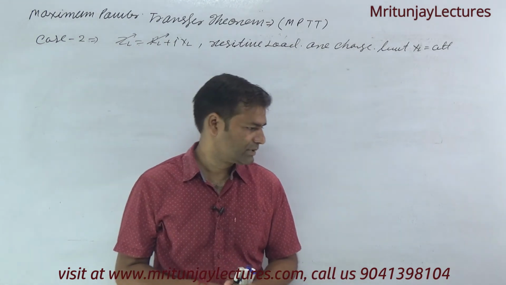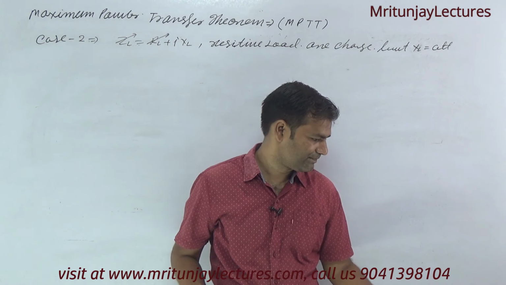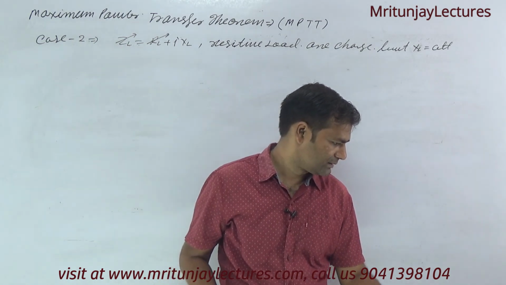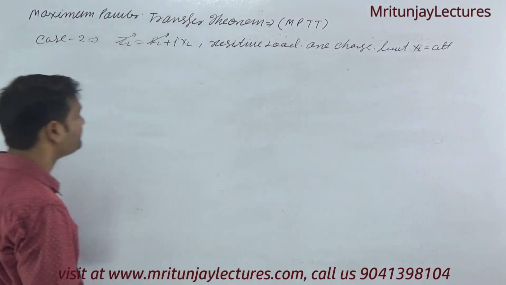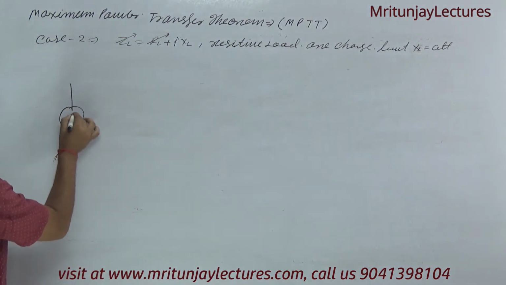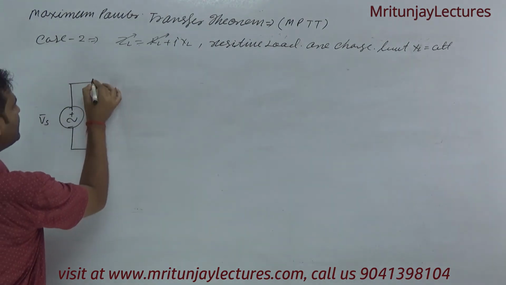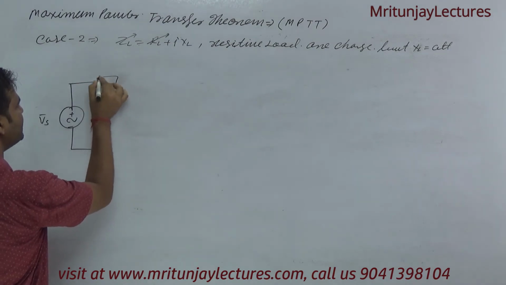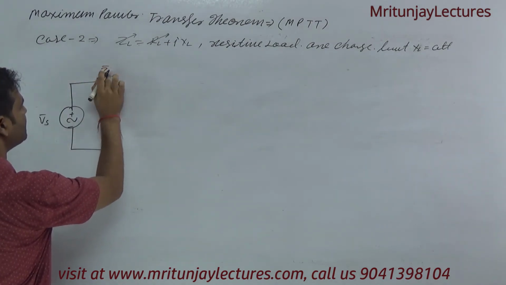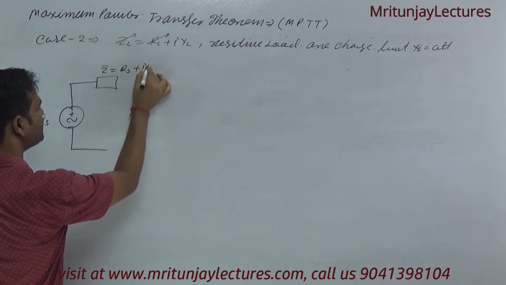Okay. Clear or not? If you face any problem, then tell me, sir, I face the problem. Again explain. Okay. Now suppose that plus minus Vs, okay, and here that is Zs. Zs is written as Rs plus Jx.